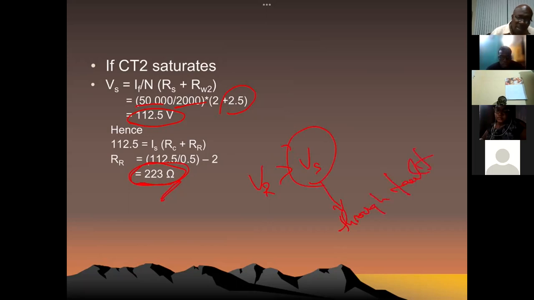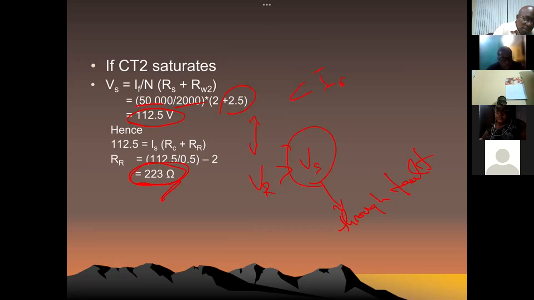So if Vs is smaller, then it means that the magnitude of the current that will pass through the relay would be less than IR. Everybody with me? So what we have calculated in the 173 and the 223 are the smallest values of stabilizing resistors that we could put in series with the relay.